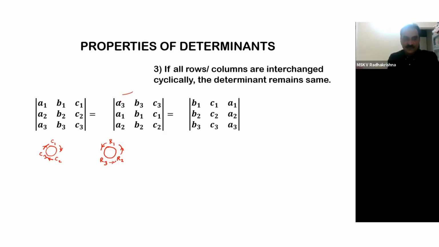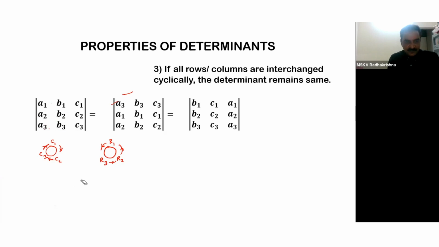You see this example. Here, what is the interchanging done? R3 has become R1. R2 has become R3. R1 has become R2. So how I have interchanged?